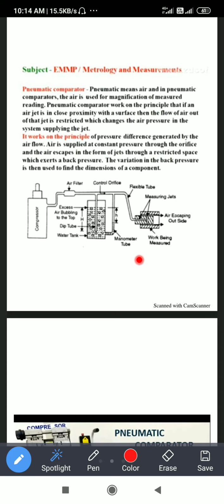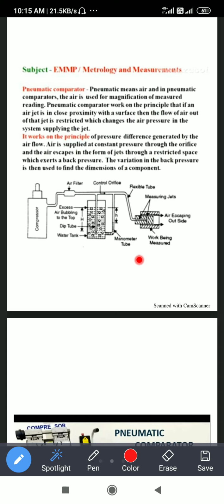It works on the principle of pressure differences generated by the air flow. The air is supplied at a constant pressure through the orifice, and the air escapes in the form of a jet through the restricted space, which exerts a back pressure.